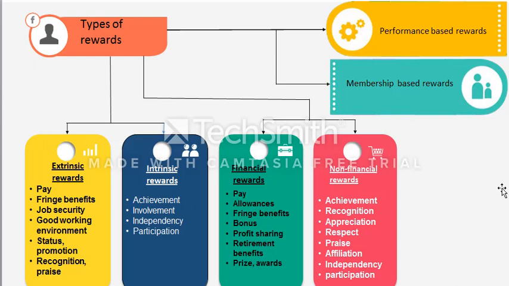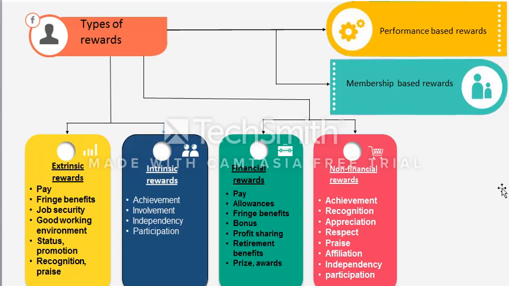Next category, financial rewards. Again, some categories or some types under the financial rewards would be the same as compared to the extrinsic or intrinsic rewards. Under the financial rewards, the first one is the pay that we have already discussed under the extrinsic rewards. Second one is allowance.